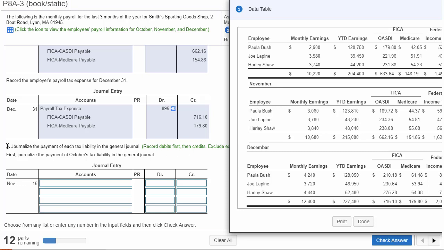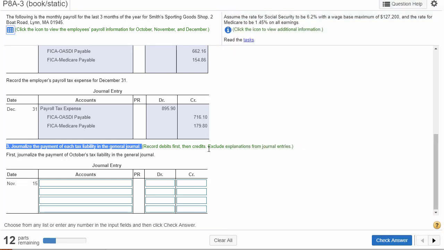Now it says, part 3, journalize the payment of each tax liability in the general journal. Record debits and then credits. Exclude explanations. First, journalize October's tax liability in the general journal. So what taxes are they talking about? Remember, this is Form 941.